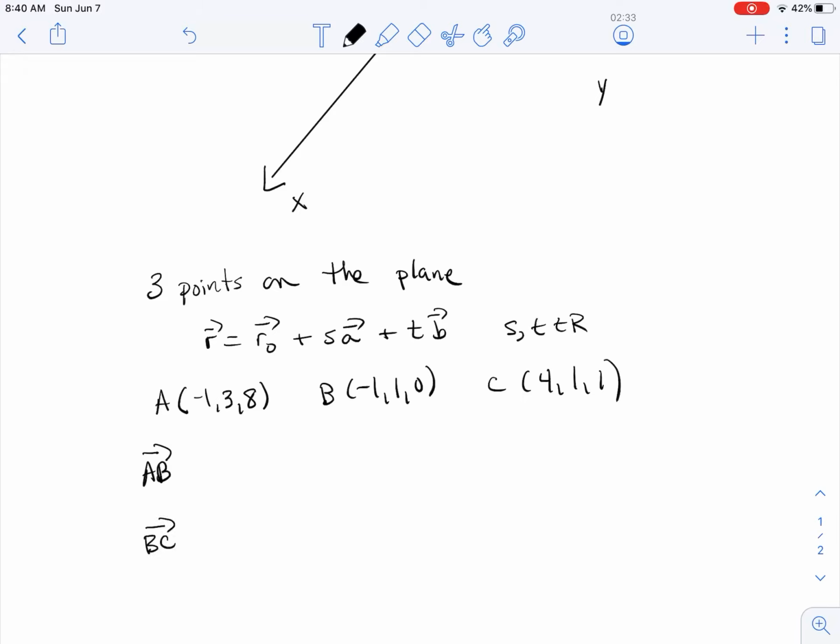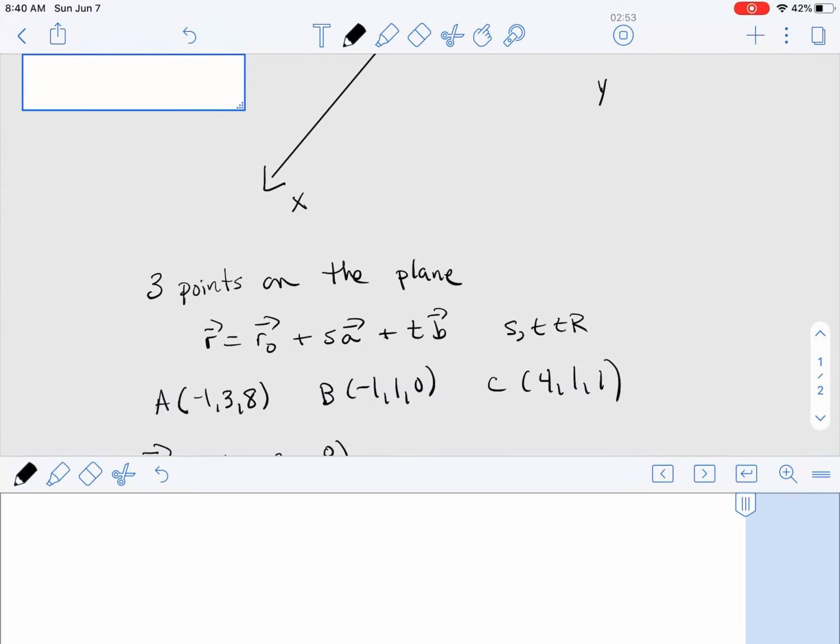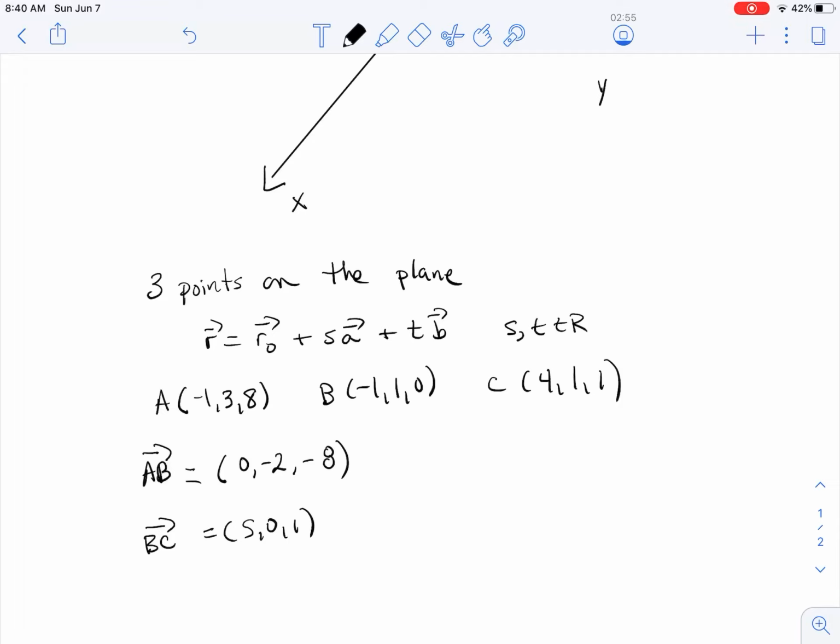I'm going to go for AB and BC, and we are going to do the change in X, Y, and Z like we've seen in previous videos. You can look back to refresh your memory on that. So vector AB would be (0, -2, -8), and BC would be (5, 0, 1).